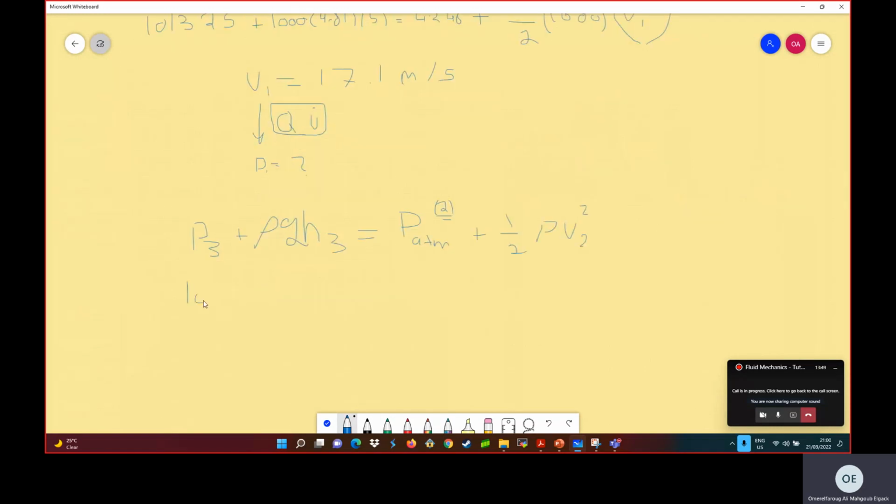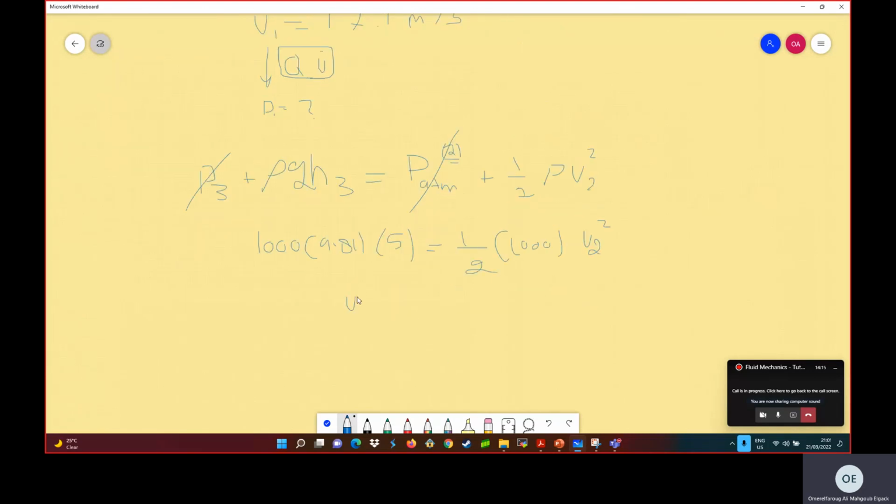Now the pressure is atmospheric at both sides, so just cancel them. So you have rho g H5 is equal to half rho V2 squared.